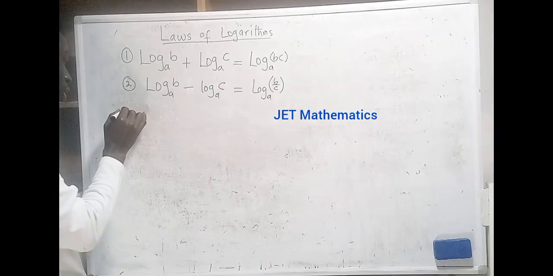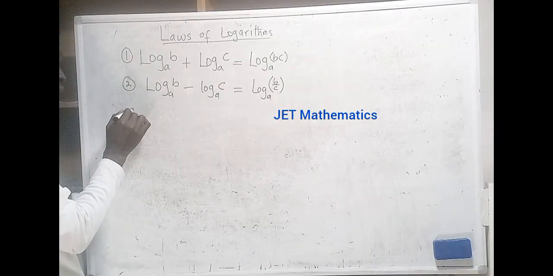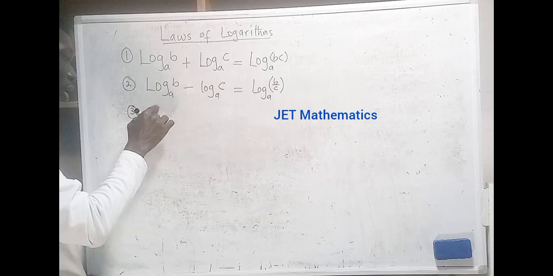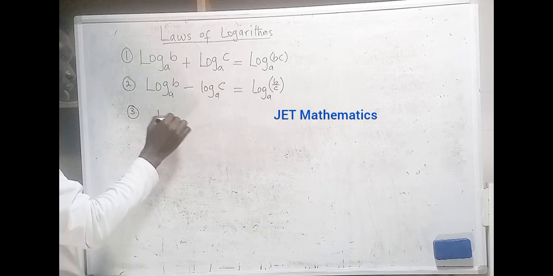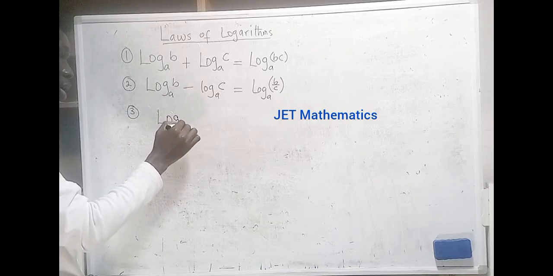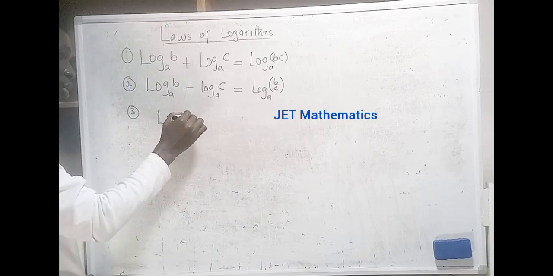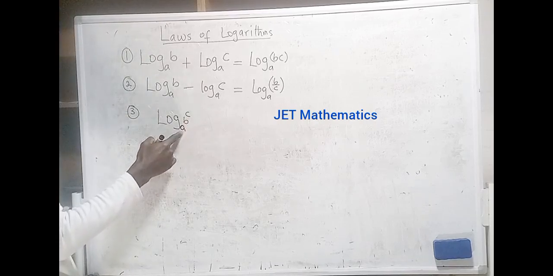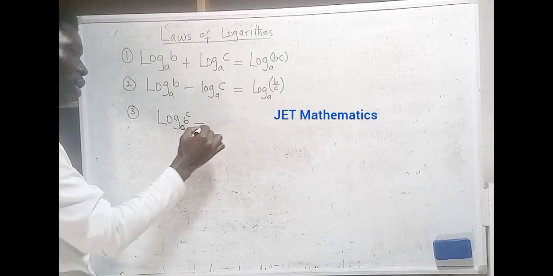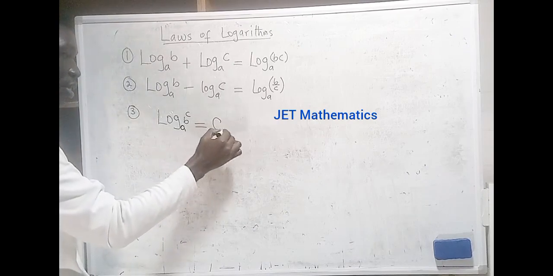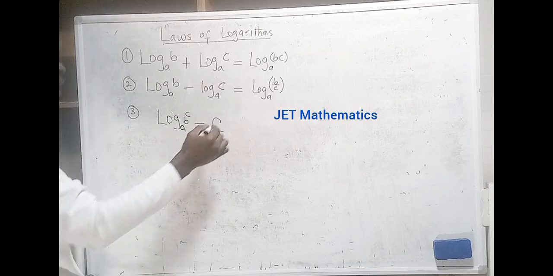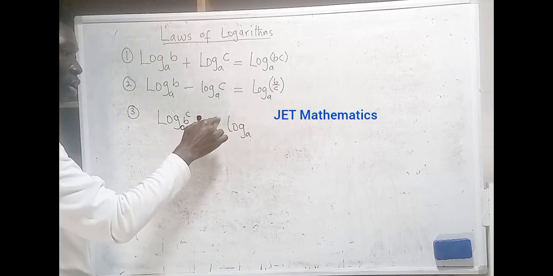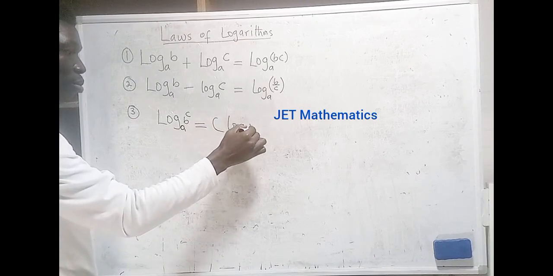Then the third one we'll look at in this video is if we have log b raised to the power of c to base a, you can as well write this as c times log b to base a.